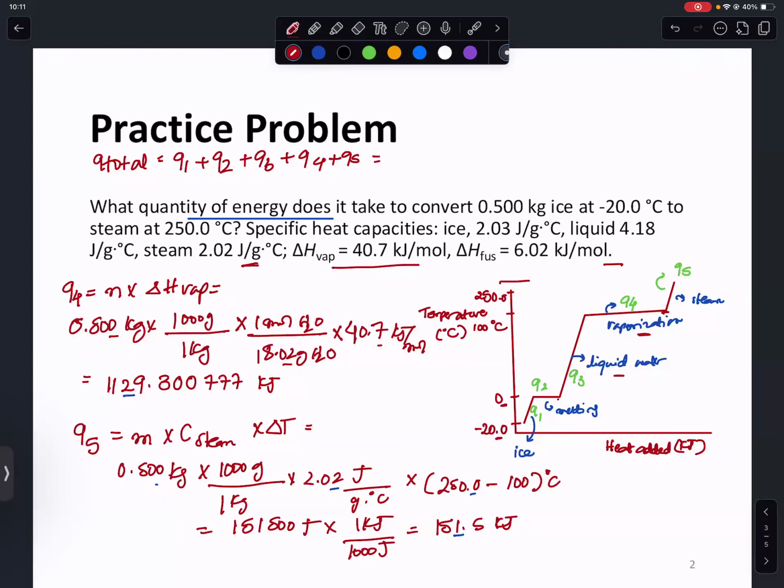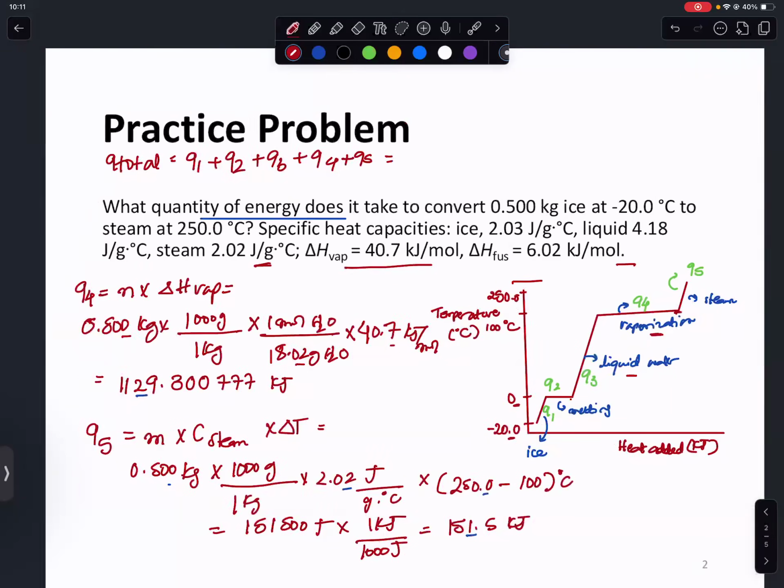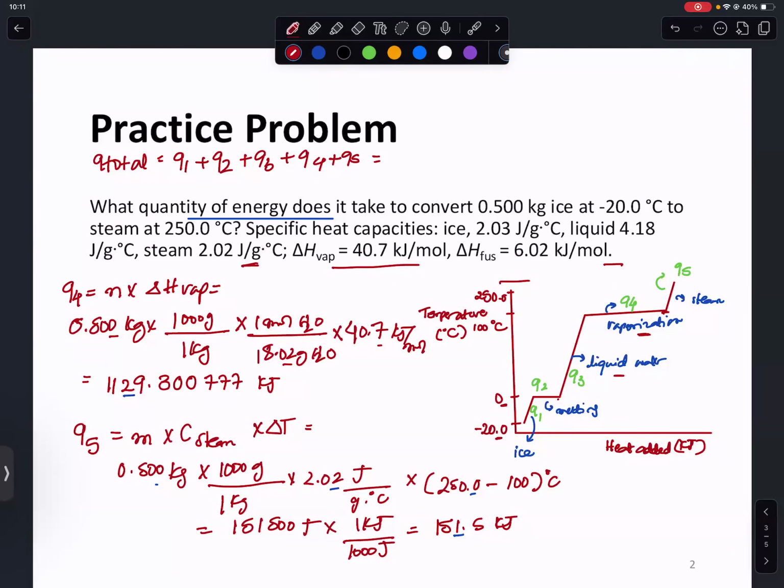So I can say here, Q total is going to be Q1 plus Q2 plus Q3 plus Q4 plus Q5. And in this case, to show you how I'm going to obtain the sig figs, I'm going to stack them up on each other because we're doing addition. So be careful with this type of problem because we're doing multiple operations. And I'm going to start with the 20.3 kilojoules. This is Q1, plus the 167.0.